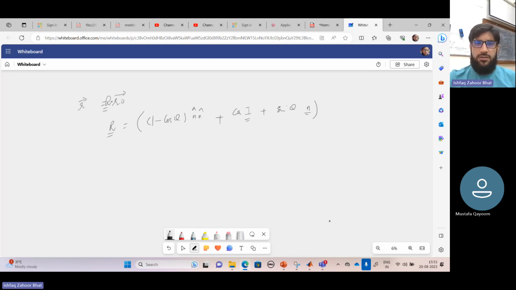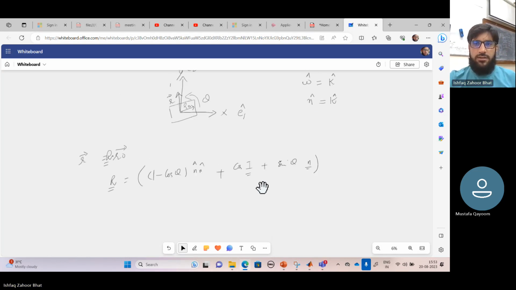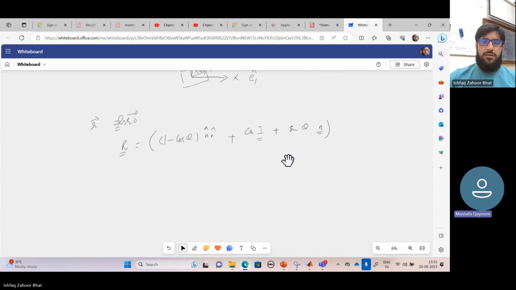We have seen that for the 2D case, n is k. So what is n cap in matrix form? We can write it as k cap times k cap transpose, the outer product of these two vectors.